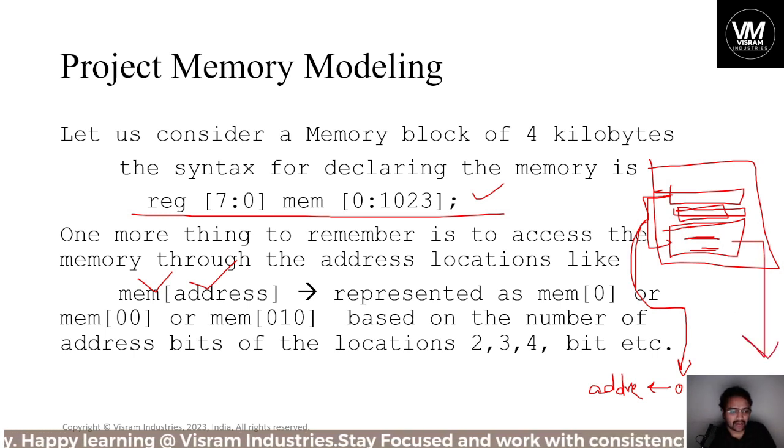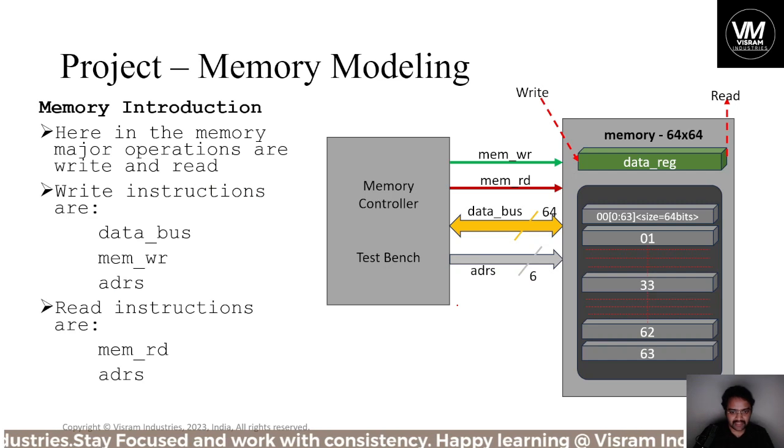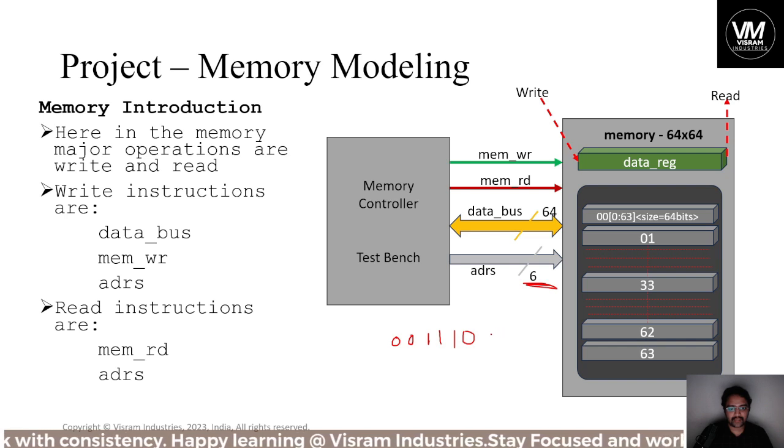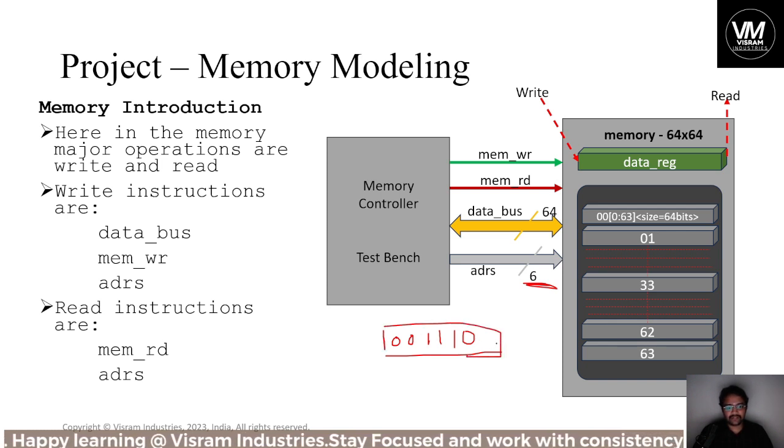The address bus can be represented by 6 bits for the basic representation, as we have considered here in the data bus. It has 6 bits of address locations like 0, 0, 1, 1, 1, 0. Yeah, in this way. So that is the address location of, for example, the 63rd one.